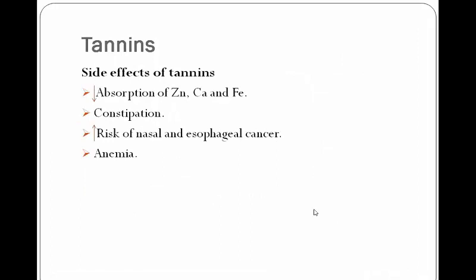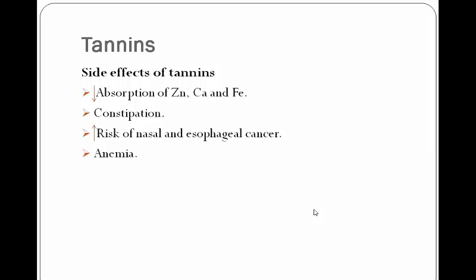Other tannin-containing drugs have a number of applications, but they are not free from side effects. If consumed in excessive quantities, tannins can produce side effects, which include decreasing the absorption of zinc, calcium, and iron.